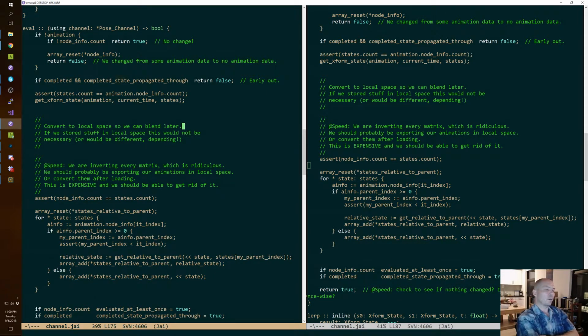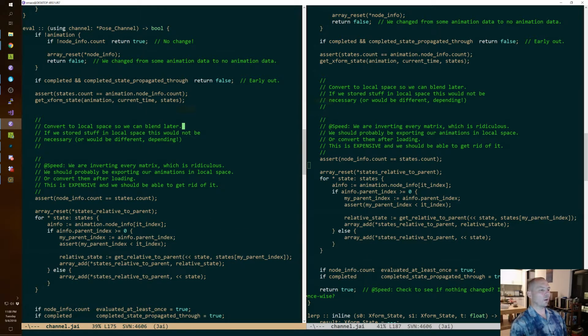And so at some point I screwed up and changed this. It used to be the other way, and I remember changing it because I thought it'd be faster this way. No, it's not faster that way. So what we're going to want to do, and I'm going to do this in the morning when I'm fresh, is when we load this file, we're going to make them relative at that time, because we always want to start operating on relative data anyway.